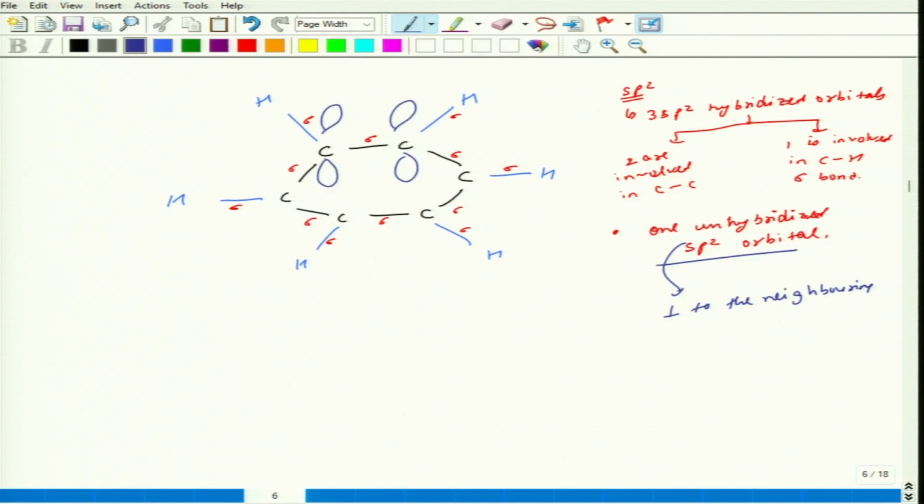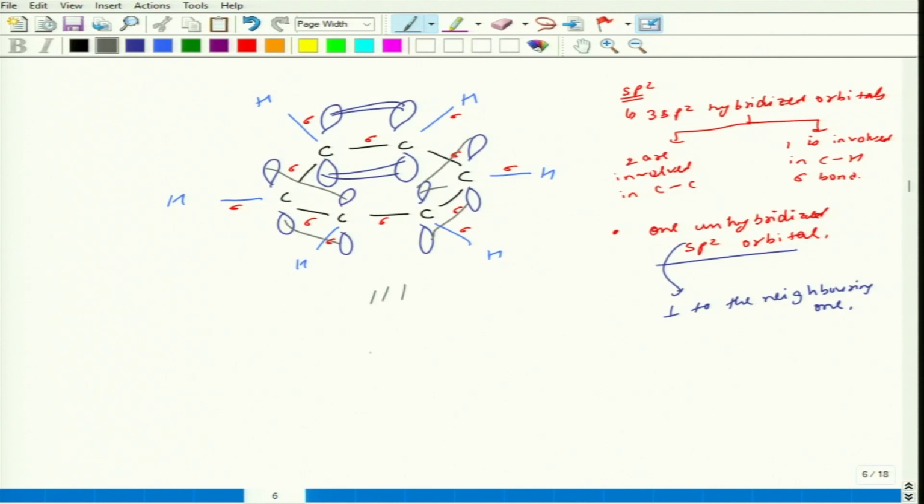So, this remaining unhybridized p orbital is perpendicularly aligned and favored to make a pi bond. That is how a pi bond is made, similarly like this all around.